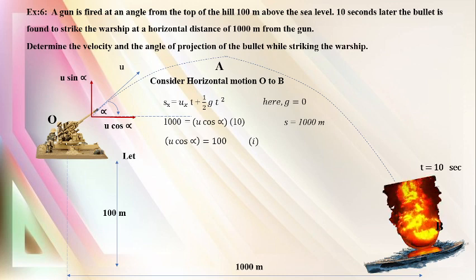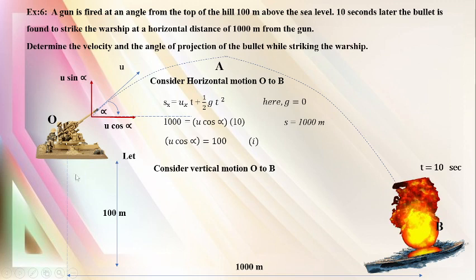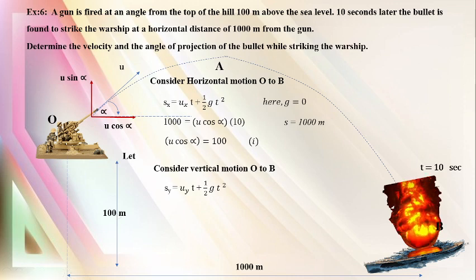Now let us consider the vertical motion from O to B, and that distance is equal to 100 meter. The vertical distance between the gun and the warship is 100 meter. So Sy is equal to uyt plus half gt square. As we are talking about the vertical motion, g would be 9.81 in the downward direction, towards the gravity.